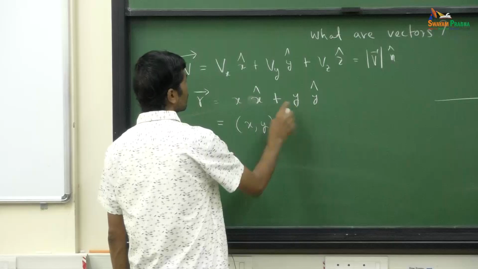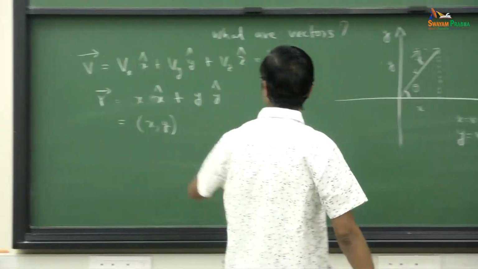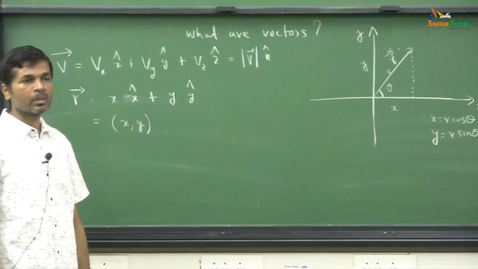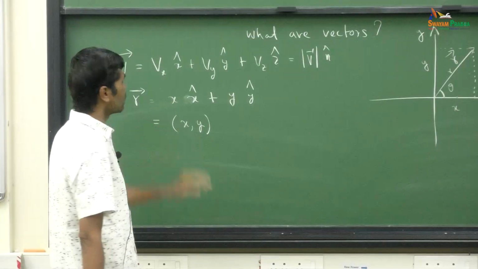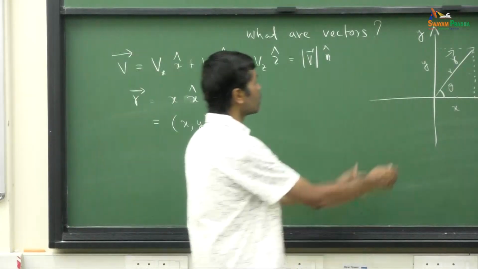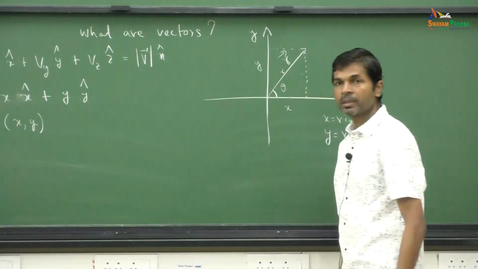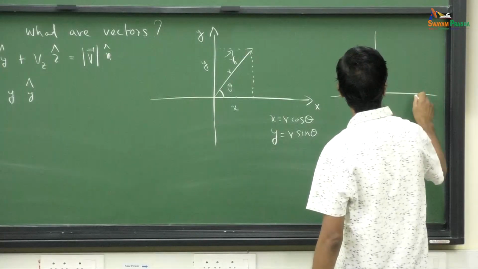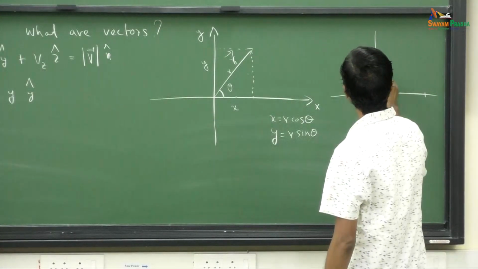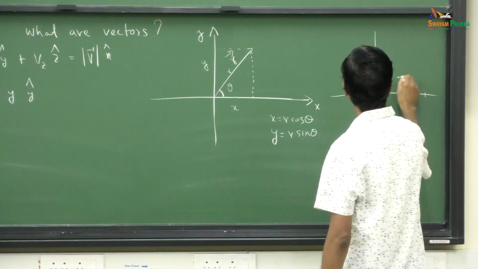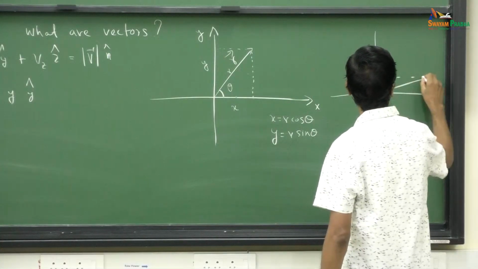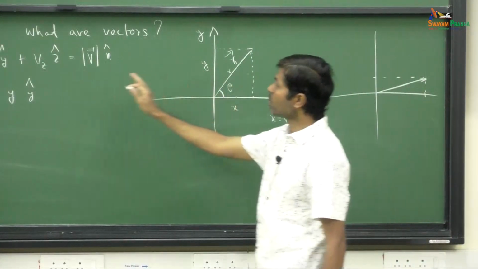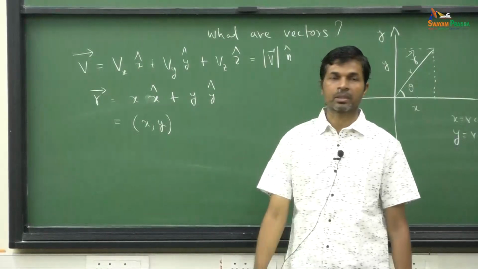So once you know the components, for example, if you know Vx, Vy, Vz, you know this vector V completely. It's specified in terms of its components. Similarly, if you know x and y, then you know what this vector is. For example, suppose somebody says this is your x value and this is your y value, then you just consider this and join this point, this vector is determined. So given the components, you determine these vectors.